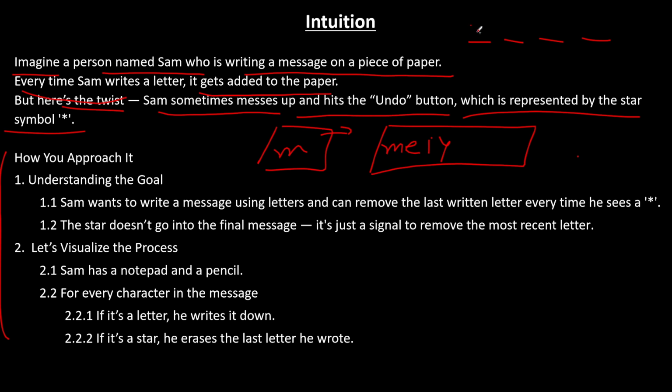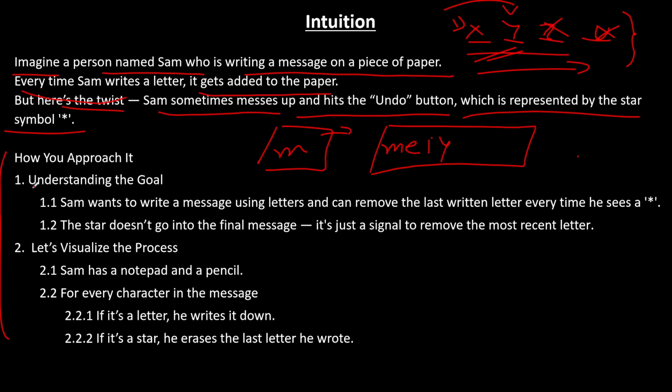For example, X, Y, Z, U. So you click undo, this gets removed. Then click undo, this got removed. It's not like that. When you click undo, the X will get removed because in the queue, Y comes first. Fine. Okay. If anyone here has got an understanding of where we are heading, I will request you to move ahead. But if someone still has a doubt, that's what I'm trying to explain here. Let's move more into the intuition part.